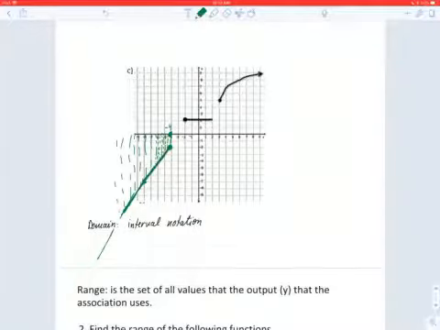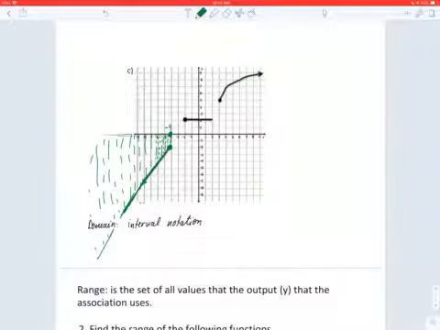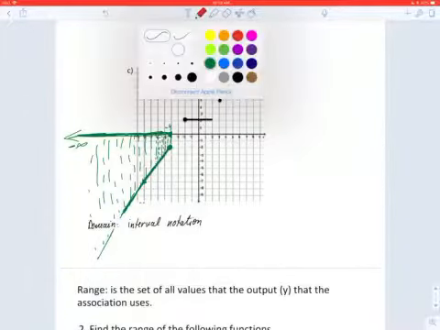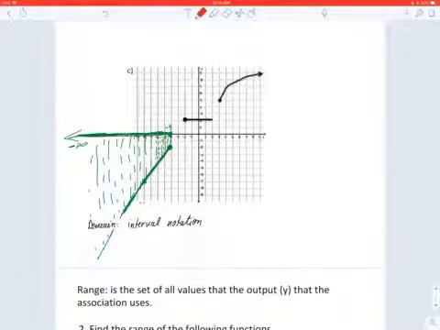As we move to the left on this portion of the graph, we can notice that my x-axis is covered all the way to the left. So we're starting from -infinity to -4. Everything to the left of -4 is in the domain of this relation.